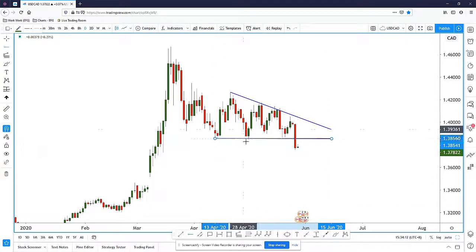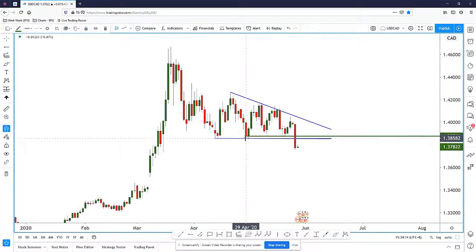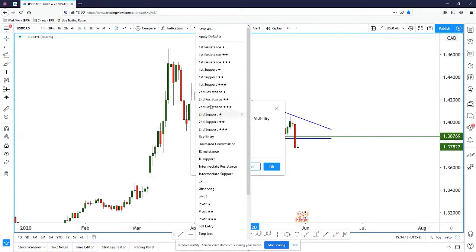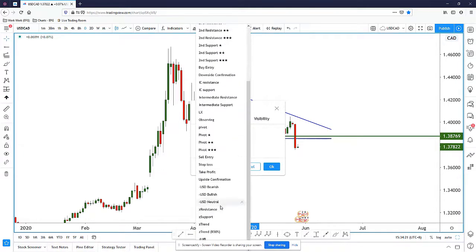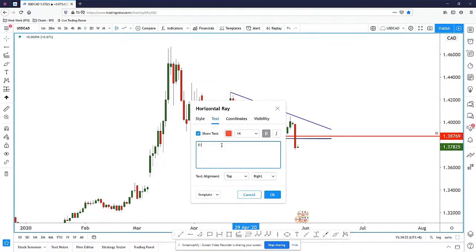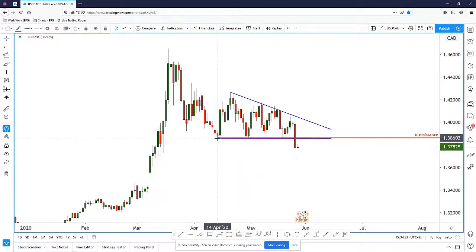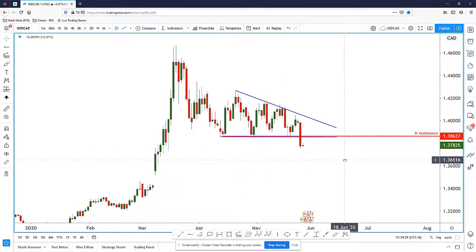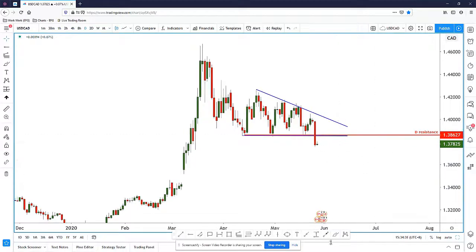I'll put a level here, calling it the daily resistance. Or I can even take the low here, no worries, it's about the same level. So we can have the daily resistance here.